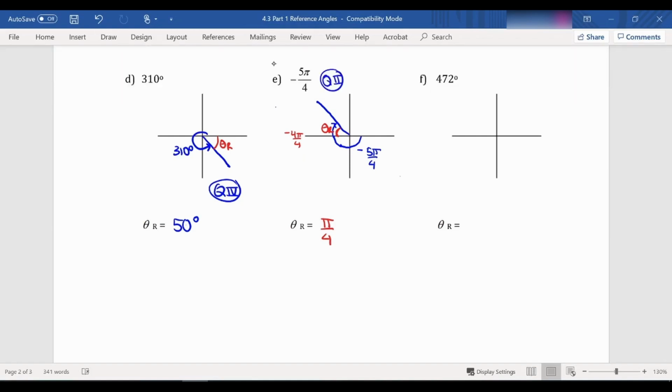Last one, 472. So we know we're going around the circle more than once because once is 360. So if I go around 360, the question is how much further do I need? This is the same as saying 360 plus 112, and 112 would be in quadrant 2.